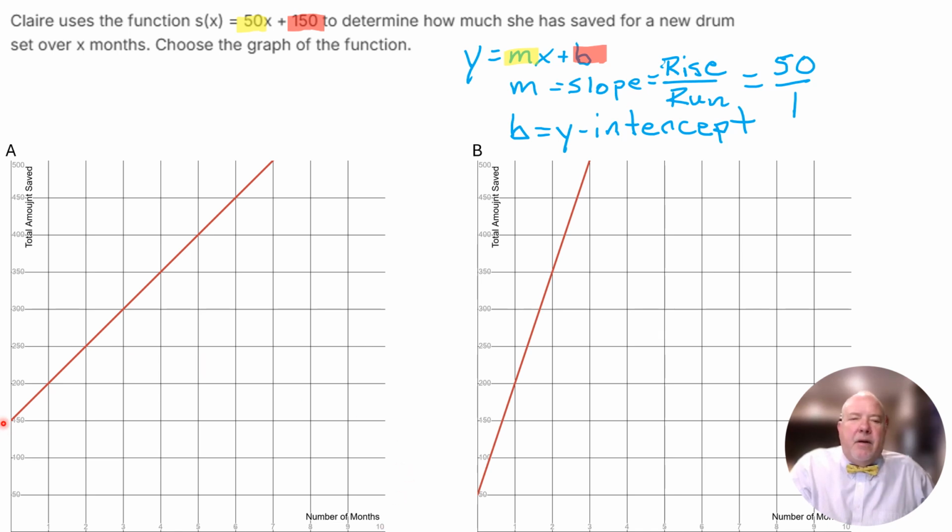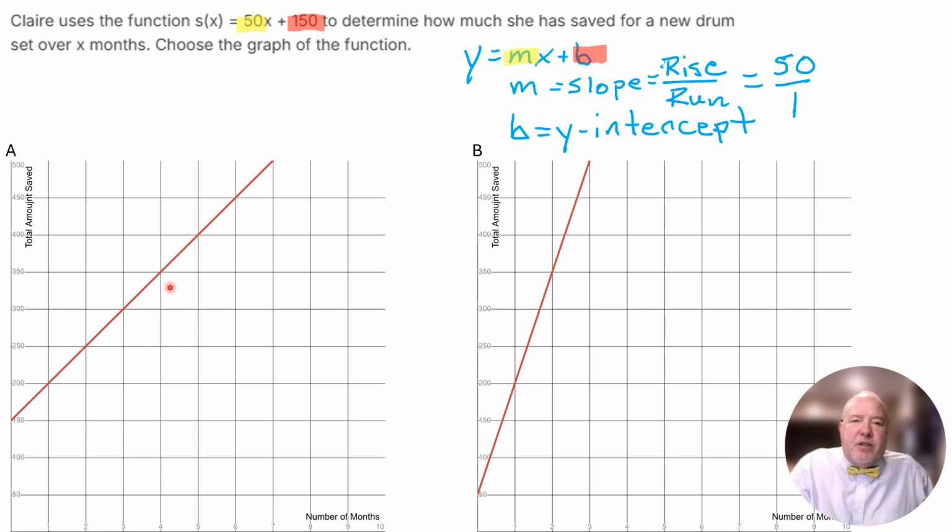So from the y-intercept here, you should go up 50. So I'm at 150. I'd go up to 200 and then over 1, and that should hit the line, which it does. So this line has a slope of 50 over 1, and it also has a y-intercept of 150, so this one's the correct answer.